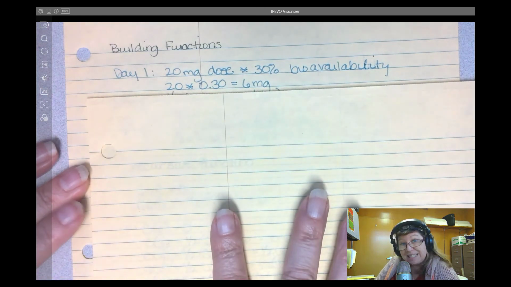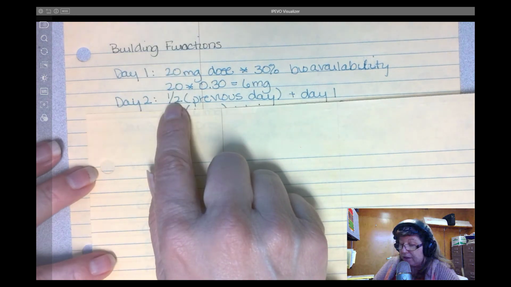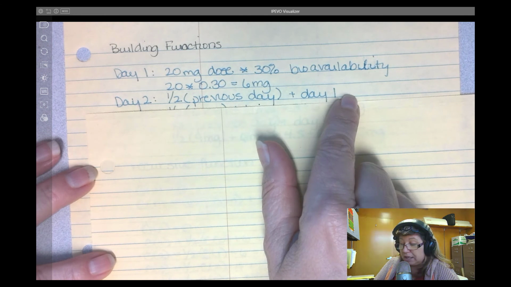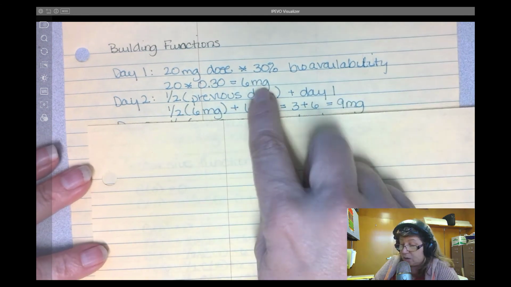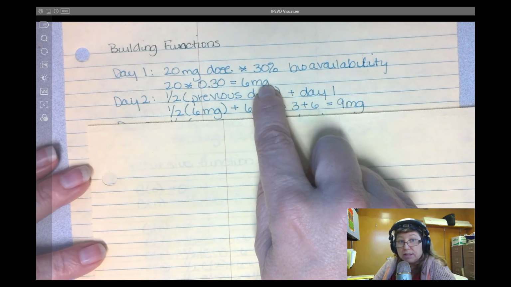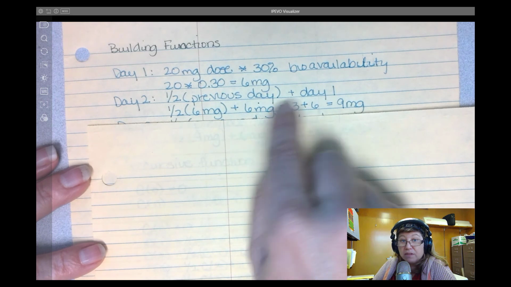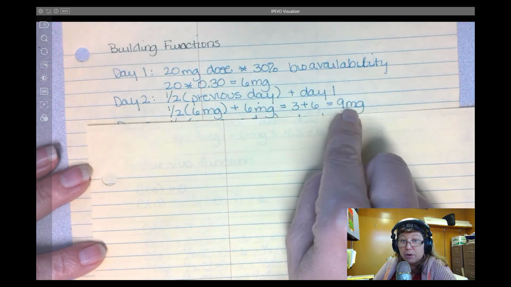That stays in his system. On day 2, half of the previous day plus day 1 will be in his system. So we take what was in his system the day before, 6 milligrams, half that, and then add the first day's 6 milligrams. So we get 3 plus 6, which is 9 milligrams.